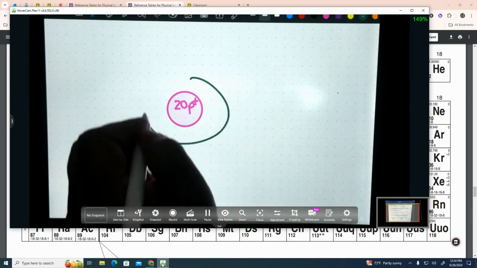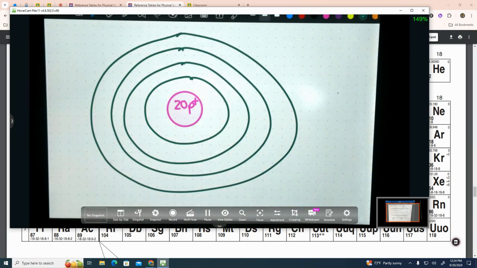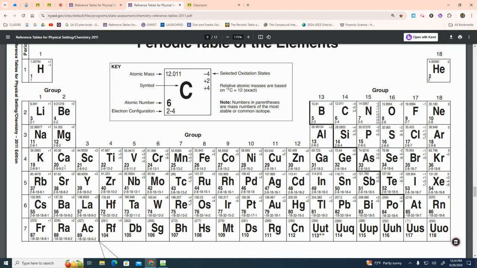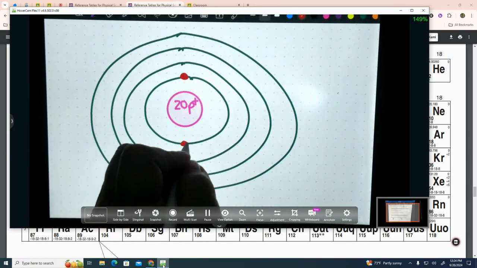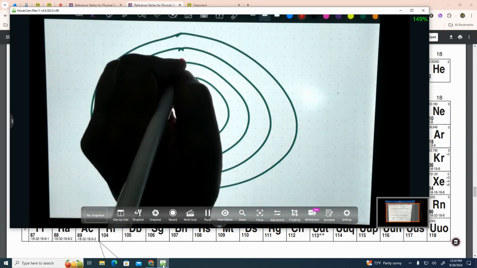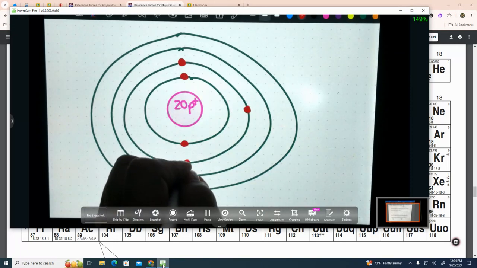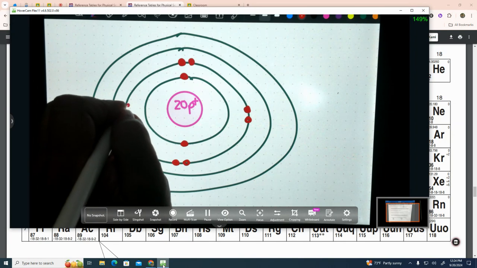I don't like it. 1, 2, 3, 4. Okay. There's 4 rings. And the reason that I'm using 4 rings is because calcium has 4 rings here. In the first ring, how many electrons am I going to put in there? 2. 1, 2. Now that ring is full, right? Okay, in the second ring, how many am I going to put in there? 8. 1, 2, 3, 4, 5, 6, 7, 8.